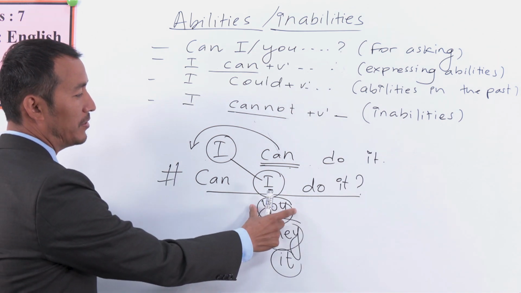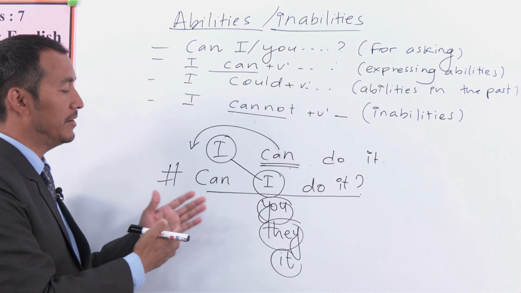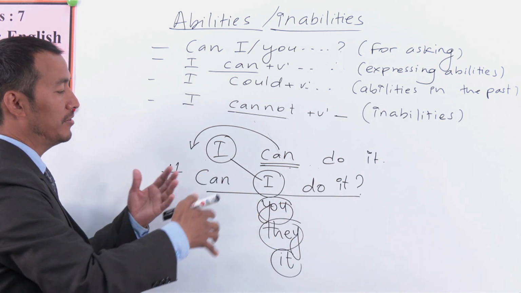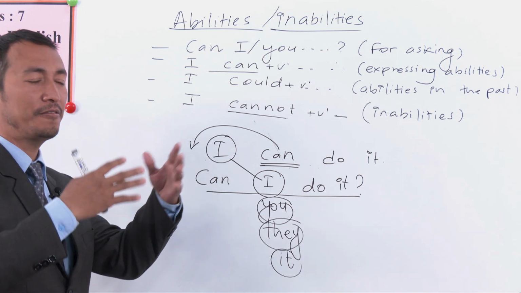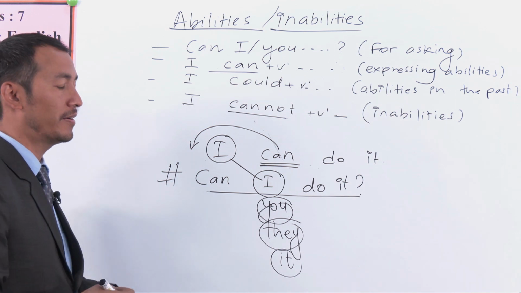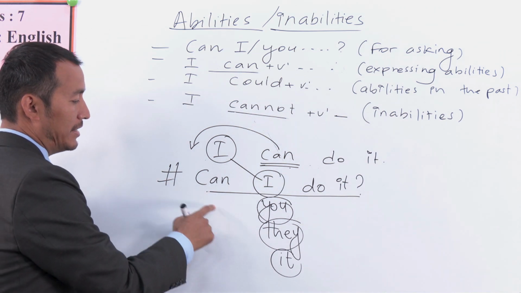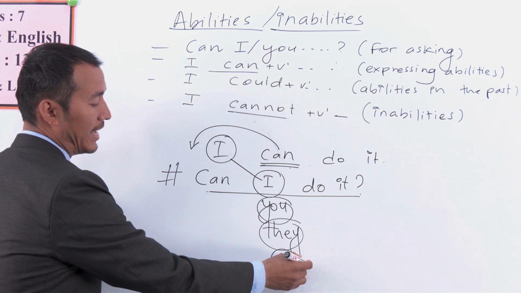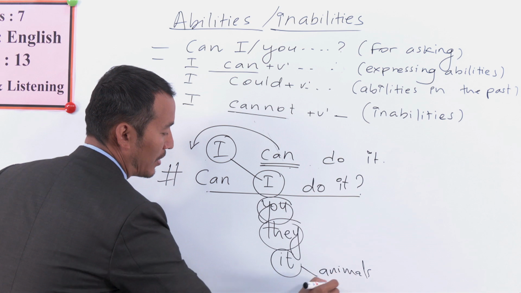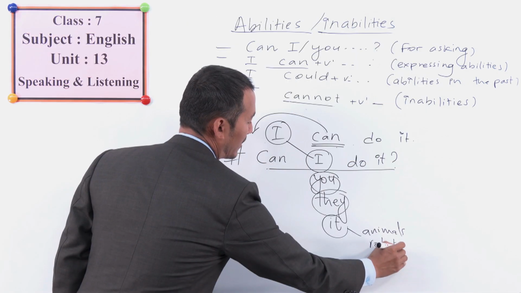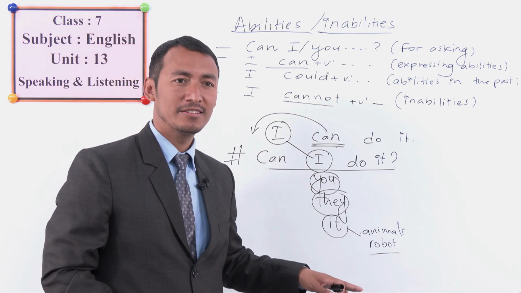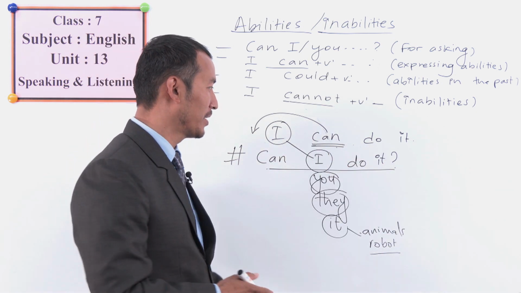For example, if you want to talk about the abilities of your friend, you can ask can you do it, and if you talk about a large number of people or other friends, you can say can they do it, can they do something or eat or sing. And for asking about something like animals or a robot or your smartphone, you can say can it do it, can it do something.